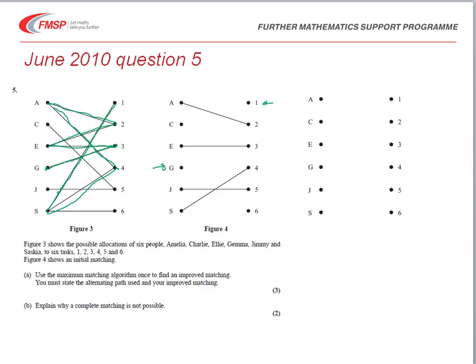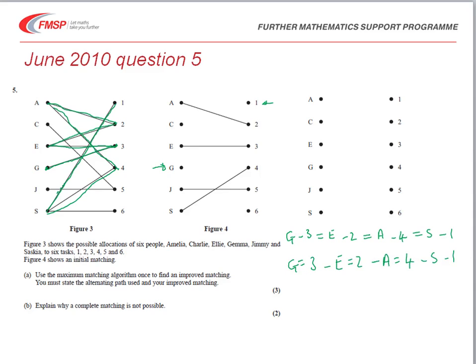So that was G3, E2, A4, S1. And when we change the state, that becomes G equal to 3, E equal to 2, A equal to 4, and S equal to 1.